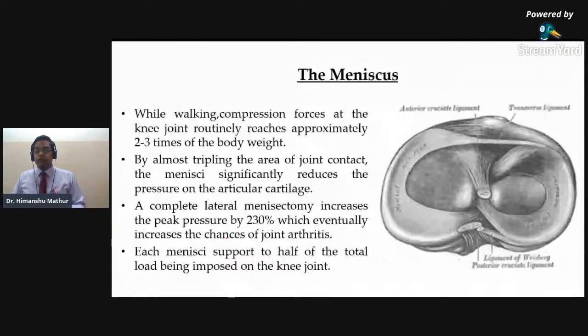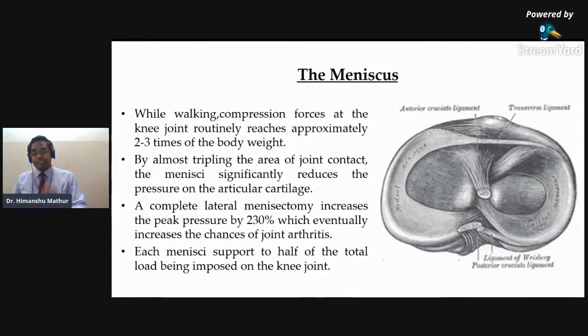Ideally, at the knee joint, we do not have congruent articular surfaces. While walking, the compression forces at the knee joint routinely reach approximately 2 to 3 times the body weight. So the compressive force between the knee joint during standing, walking, or performing any weight-bearing activities could reach almost 2 to 3 times the total body weight. Now, how do we cope with that much compressive loading? The medial and lateral menisci help us cope because of their excellent shock absorbing capacity.